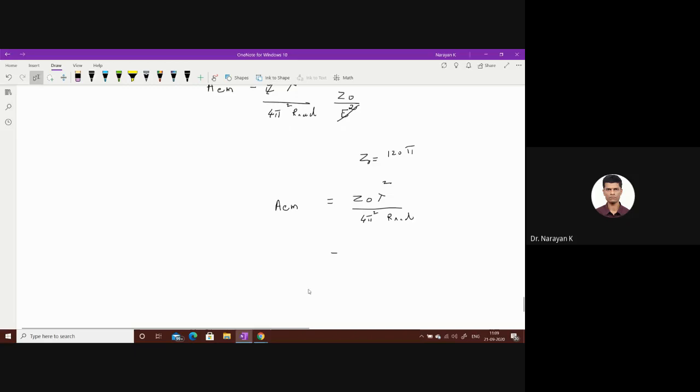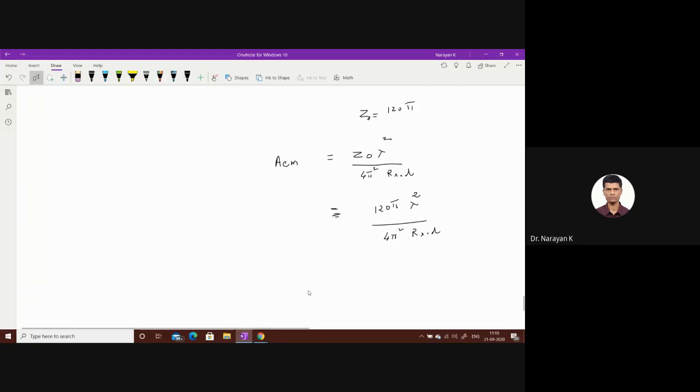So this can be written as Z0 is equal to 120 pi, divided by 4 pi square into R radiation resistance. So what will happen here is pi will get cancelled, right?